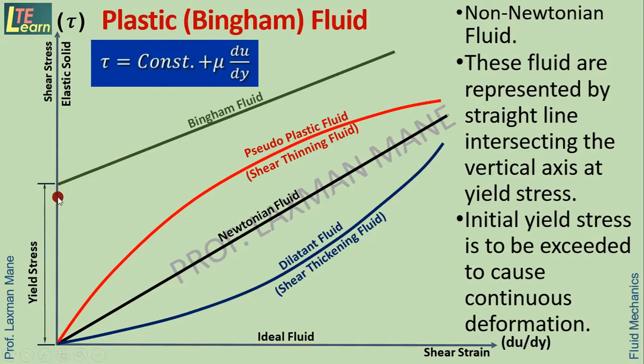At this point there is no deformation, but when the initial yield stress is exceeded by the application of shear stress, then deformation starts. After that the fluid behaves like a Newtonian fluid, following Newton's law of viscosity. That's why the line is a straight line.